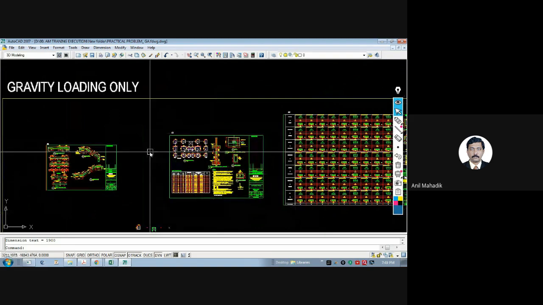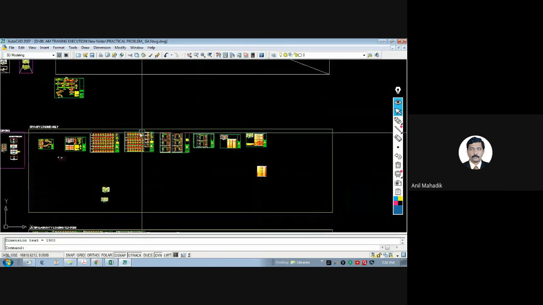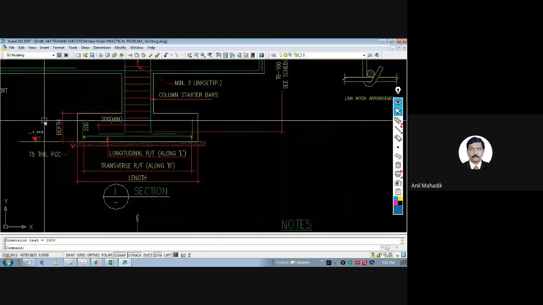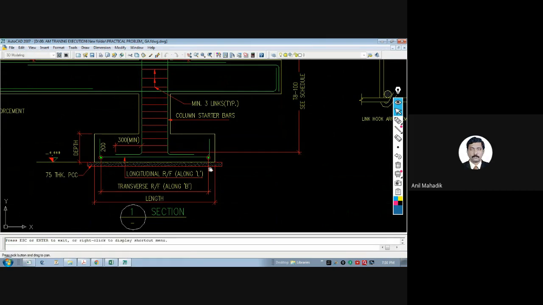So if you look at the foundation, here you can see. Can you see this? This is the section of the footing, right? Yes, sir. And here you can see there is a PCC below the footing.